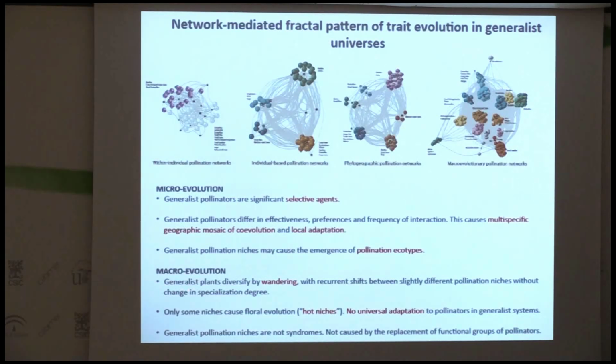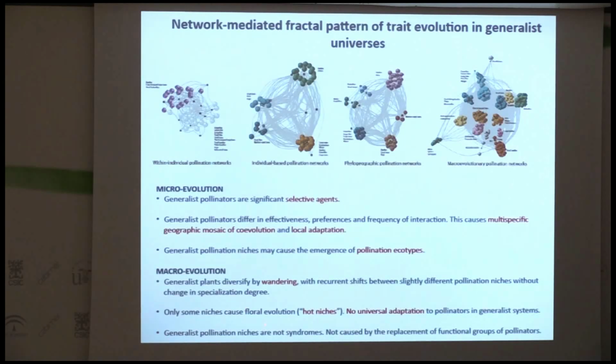At the level of macroevolution, generalist plants probably diversify by wandering. Even so, there are some niches able to cause floral evolution, the hot niches, but no universal adaptation to pollinators occurs in generalist systems.